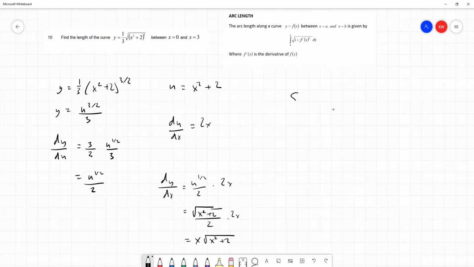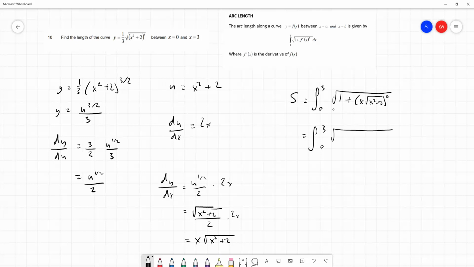So we can now enter this into the formula for the length of the arc. We've been told our limits are 3 and 0, and the formula says the square root of 1 plus the term we've just worked out, x times square root of x squared plus 2, all squared. So we'll start to expand out and tidy up from here.